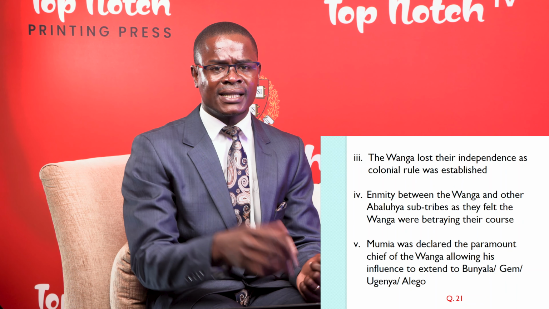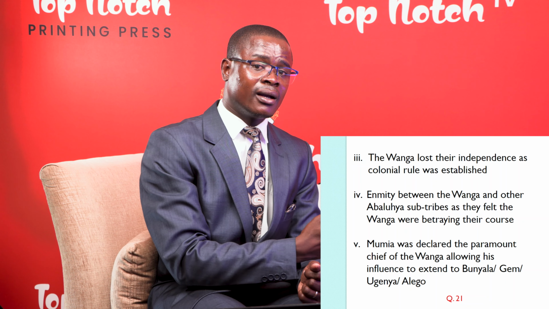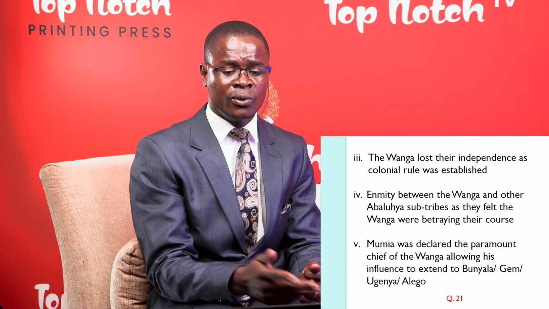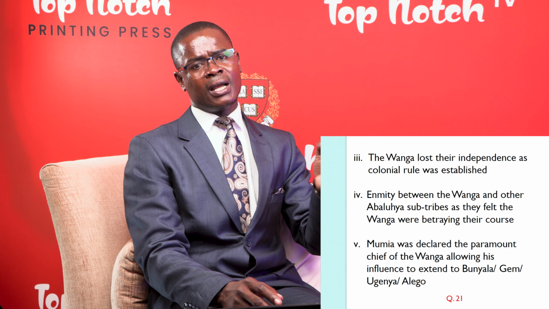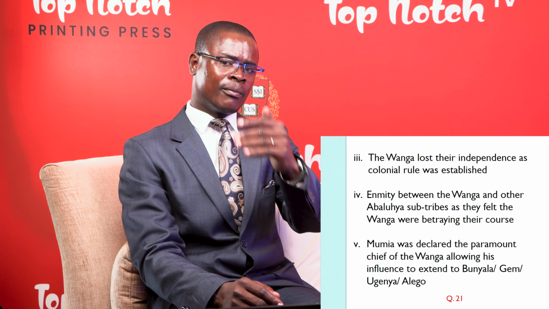Remember, the Abaluya community has almost 18 sub-tribes. One of the dominant sub-tribes among the Luya are the Wanga. So when the other sub-tribes saw that the Wanga had collaborated with the British, they saw this as betrayal. And therefore, what did they do?